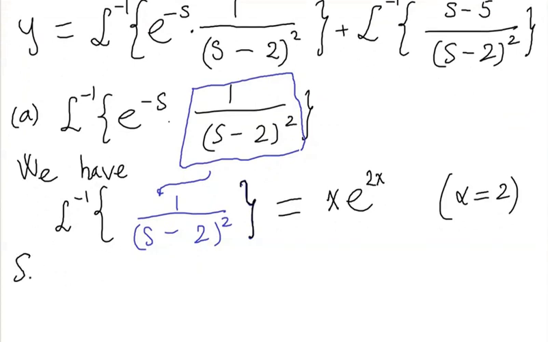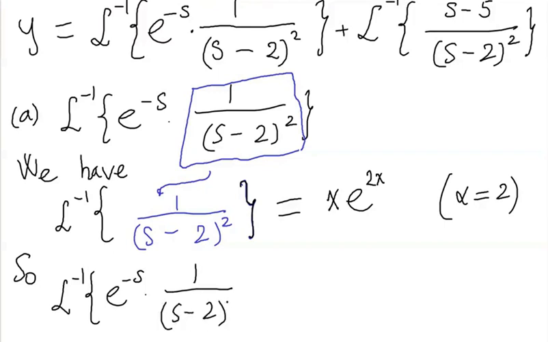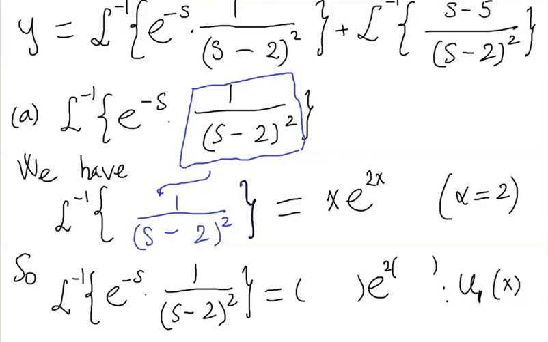So then, when we have e to the minus s in, we need to shift x, and then we multiply by u_c, which is u_1(x) here. c is 1. We need to shift by 1 unit to the right. So x is replaced by x minus 1.